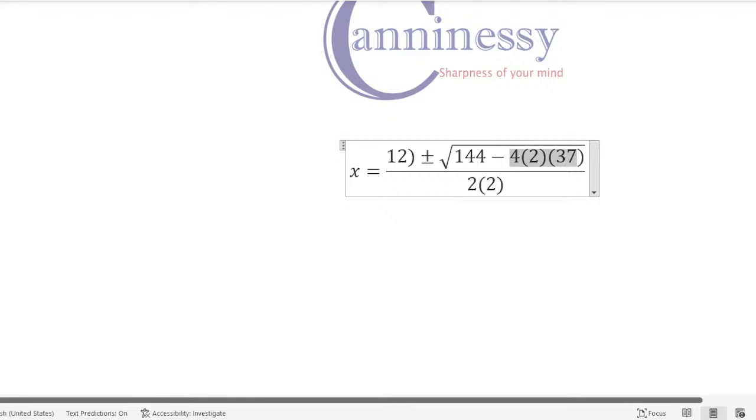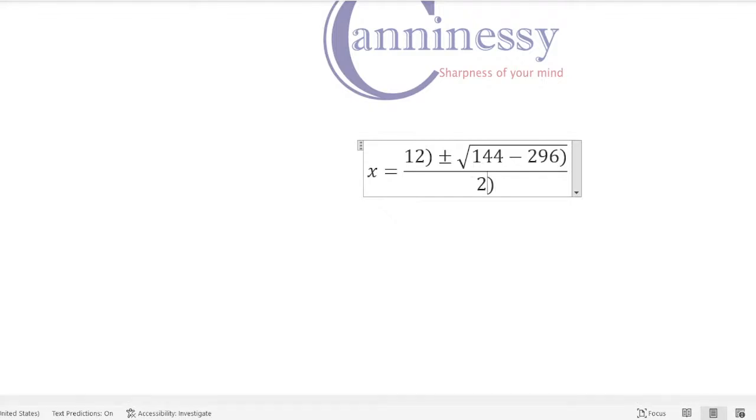So 144 minus 296 is negative. Here there is no real solution because of the negative under the square root.